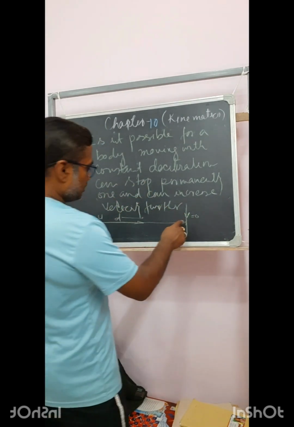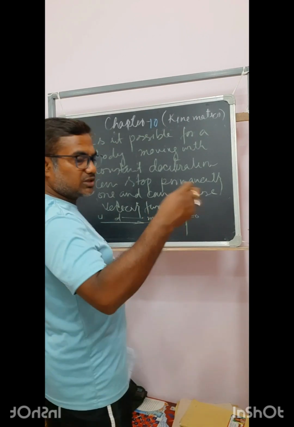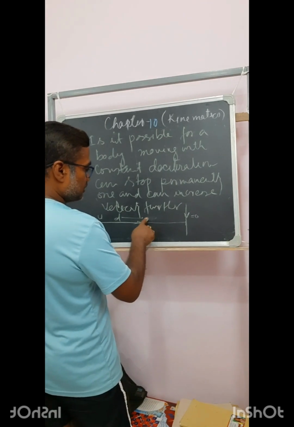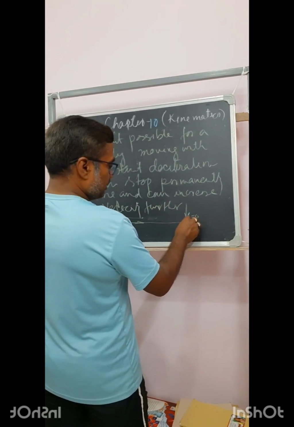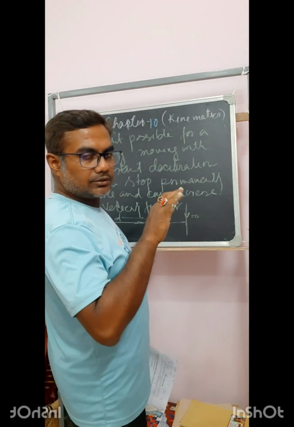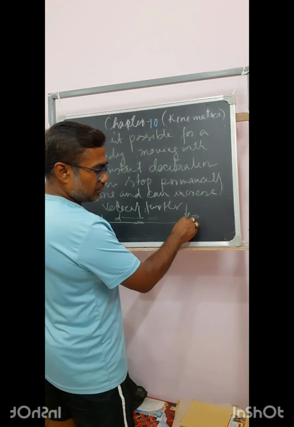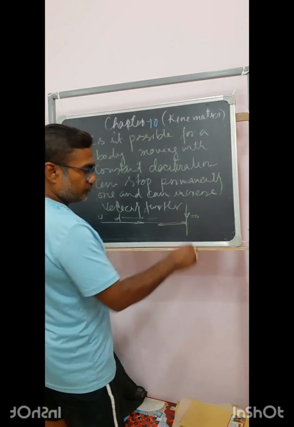I'm not considering the force, so if I take only the velocity, after it hits here, if it is an elastic body, it will not stick to the wall. It will definitely change its direction and move this way.